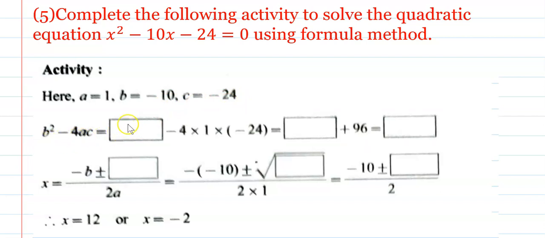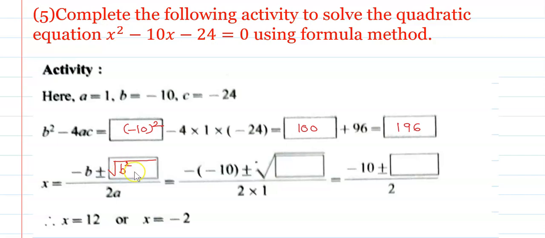B is minus 10 and it's in bracket square. Minus 10 square minus 4 into 1 into minus 24. Here you will get 100. And minus 4 into minus 24, you will get 96. Overall, here 196.